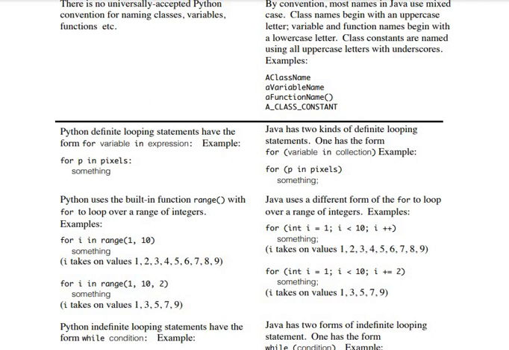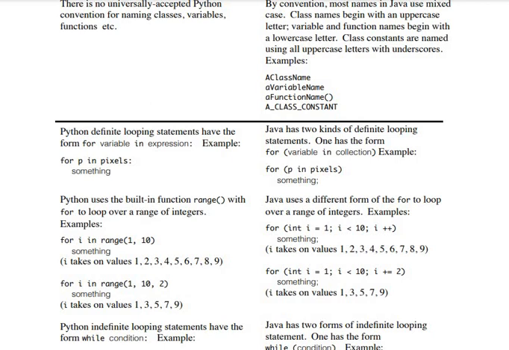We don't have any proper significance in naming classes, variables, functions, etc. in Python. In Java, most names are mixed case. The class name always begins with an uppercase letter. So if you find anything with the first letter capital, it must be a class name. The variable and function names always begin with a lowercase letter only.